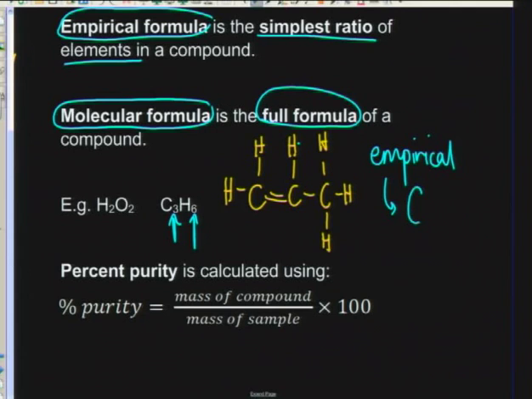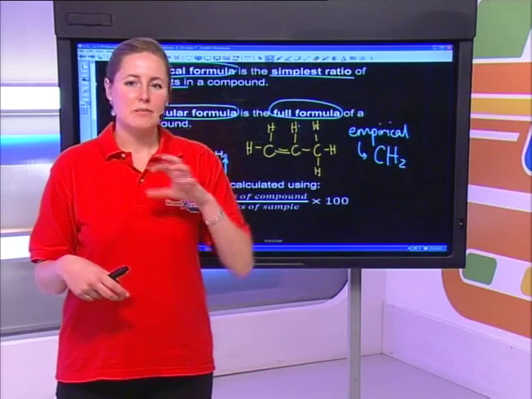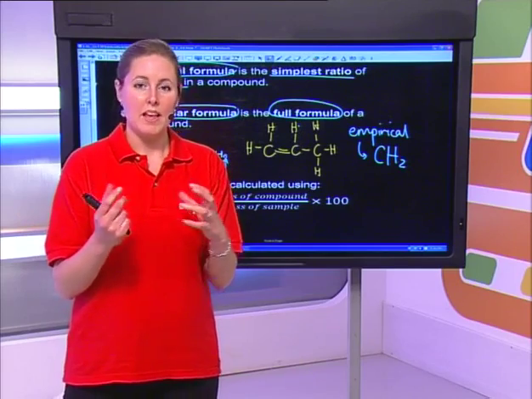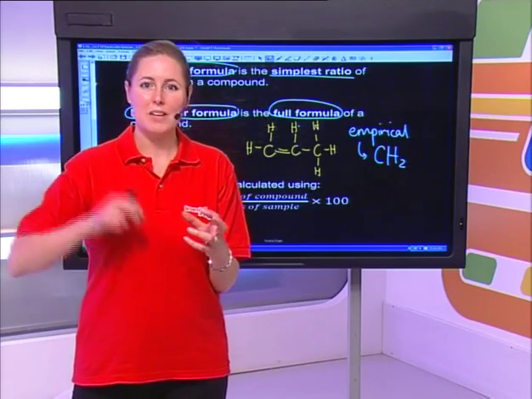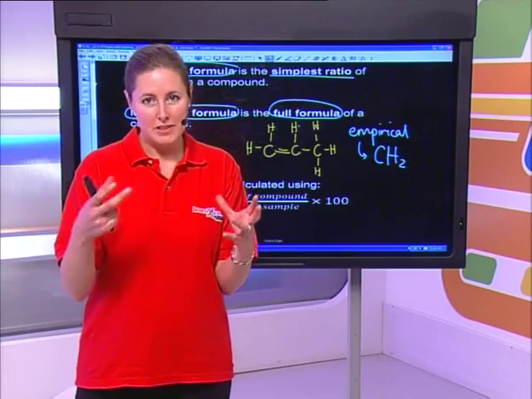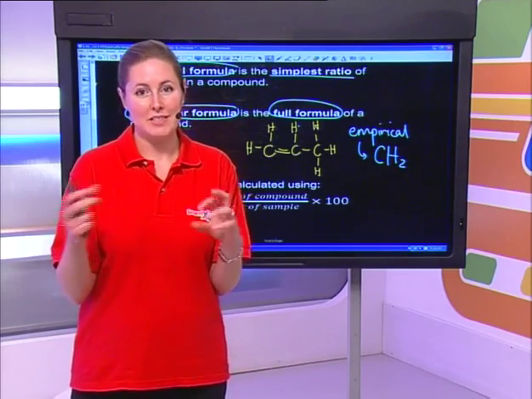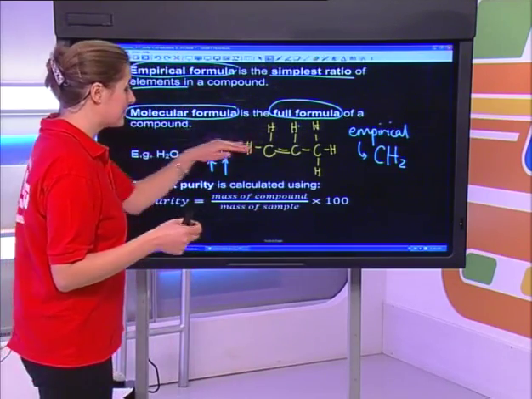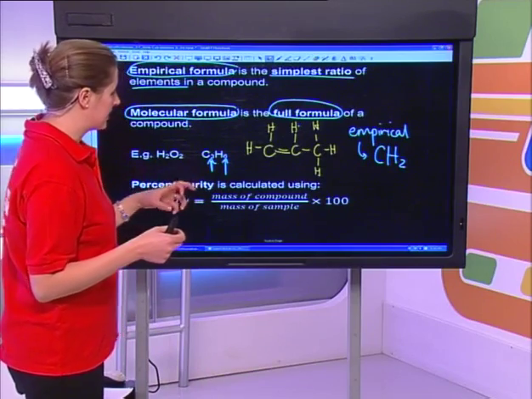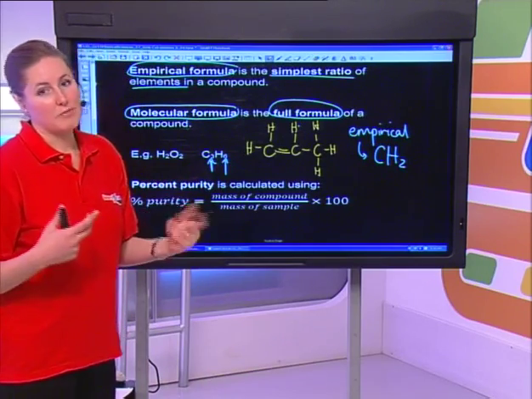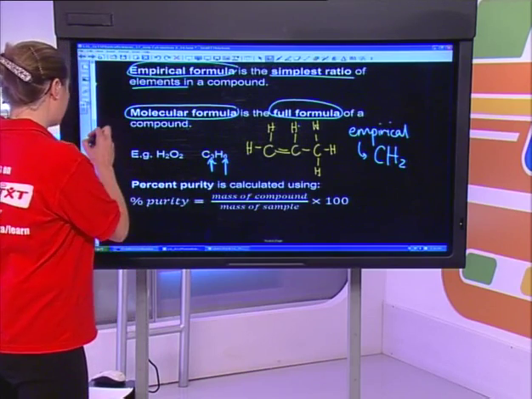Well, it would only be CH2 because there are twice as many hydrogens for every carbon. So we are simply looking here at the simplest ratio between them. By comparison, the molecular formula tells you the exact numbers of atoms of each type of atom in each compound.